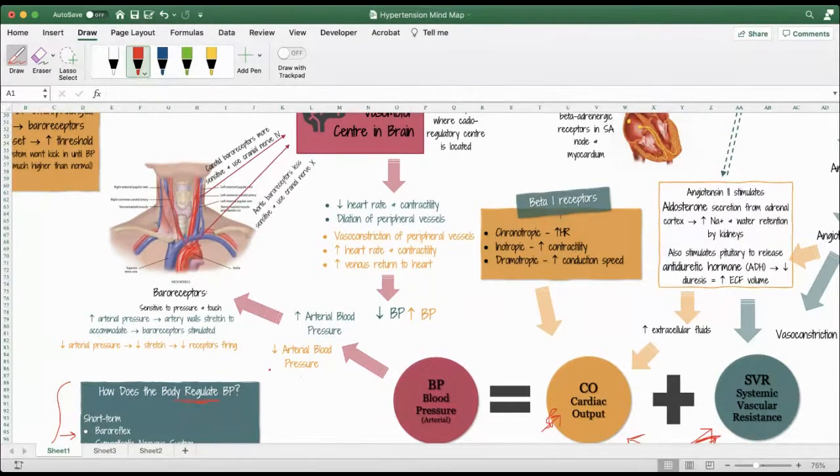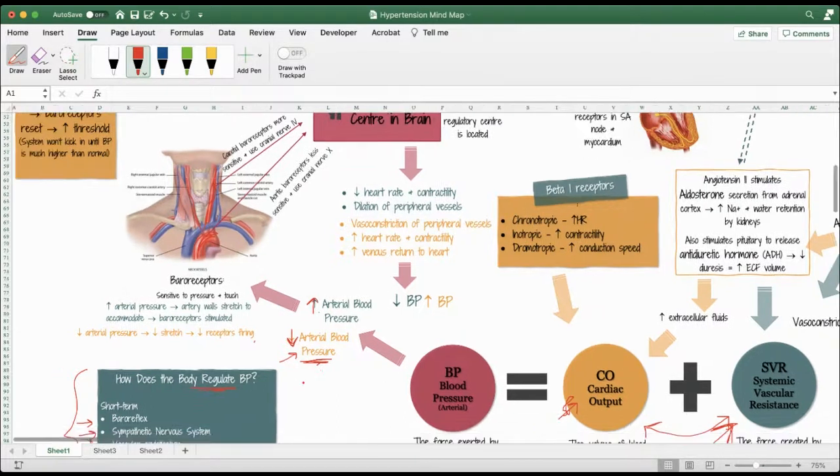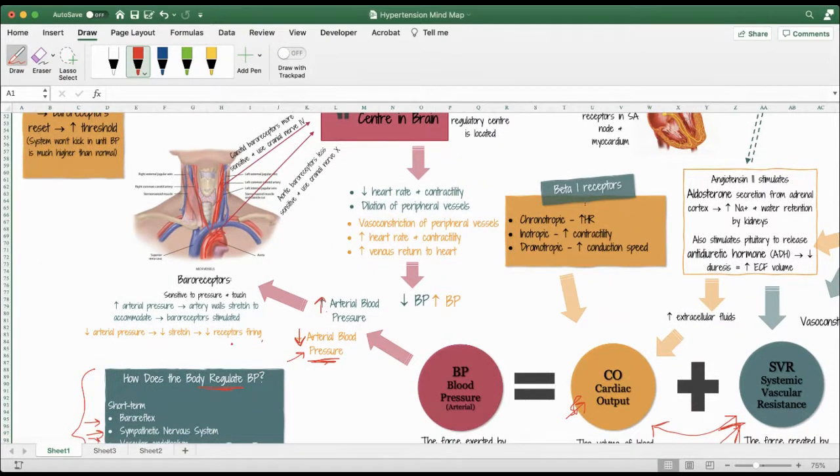So if you look here, and I'm going to give this to you guys, you'll see a decrease. If we start with the decrease in arterial blood pressure, it's written in yellow, so just follow the yellow all the way around. If you want to see what happens with an increase in blood pressure, then follow the green all the way around. Okay, we'll start with the yellow. So the blood pressure is low.